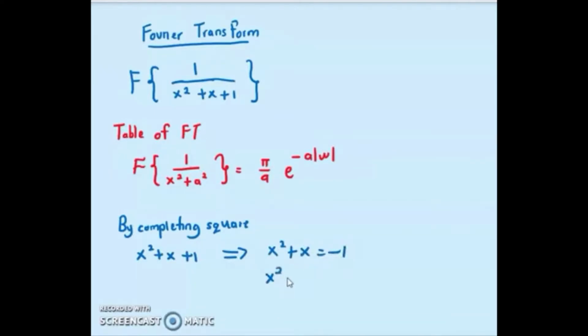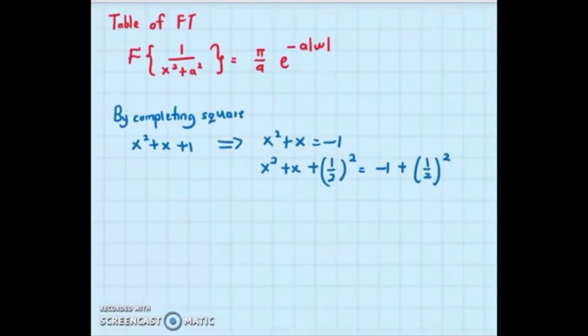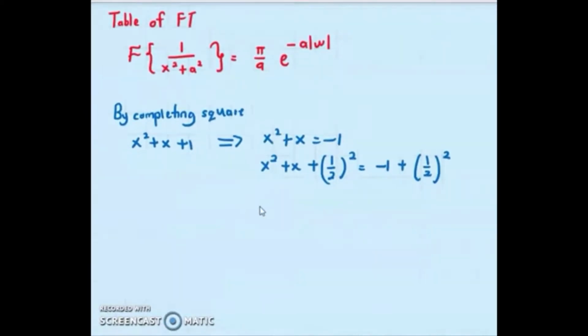Now this is 1, so we have 1 over 2 squared minus 1 plus 1 over 2 squared. Okay, now simplifying, this will give me x plus half squared equals negative 3 over 4 from here. So we have x plus half squared plus 3 over 4.